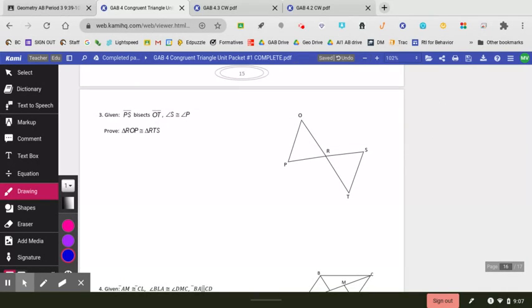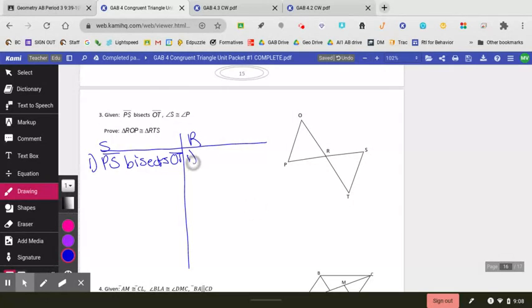Number 3, here we need to prove that these two triangles are congruent. So we're going to start by writing our statement, reason. And our first given is that PS bisects OT. So if PS bisects OT, what does that tell you?